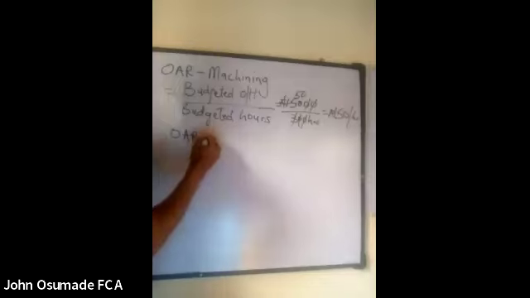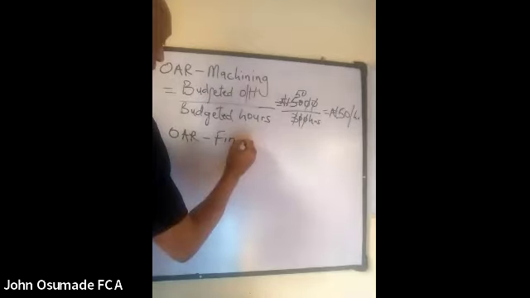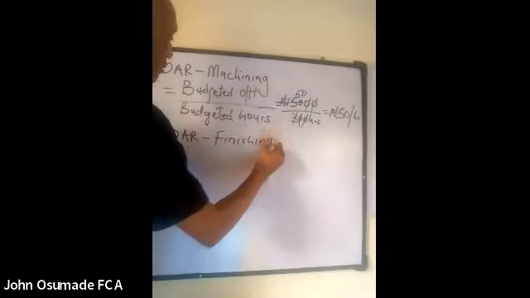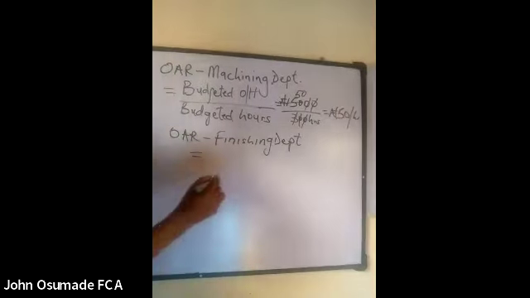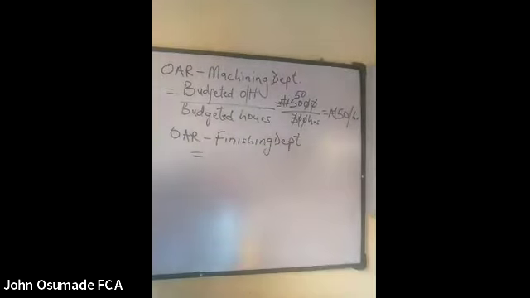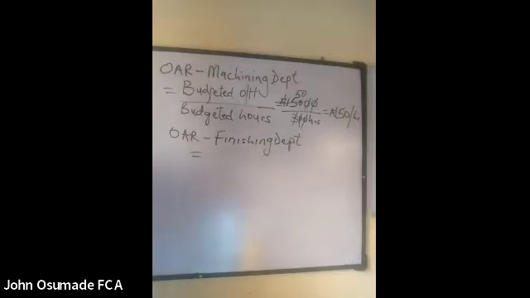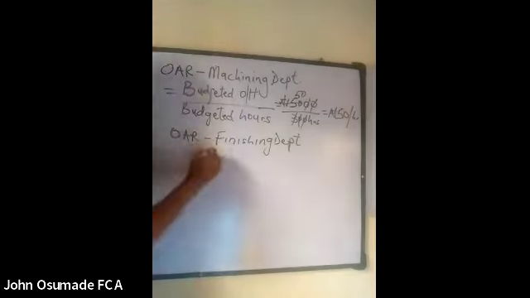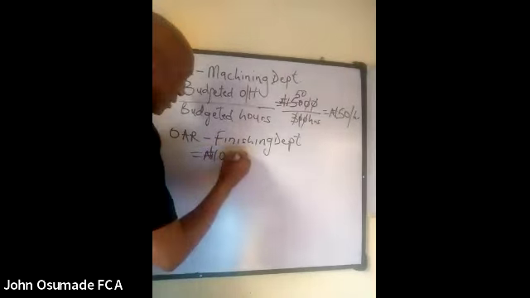Now, what's the overhead absorption rate for finishing department? That will be the same formula. So what's the total budgeted overhead of finishing? It is in the question, 10,000 naira.